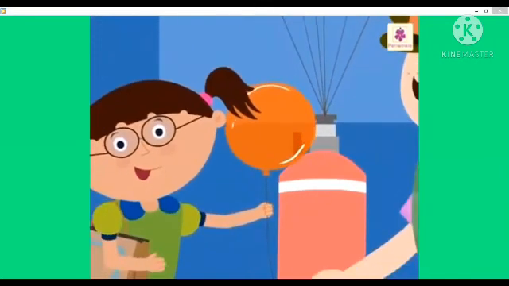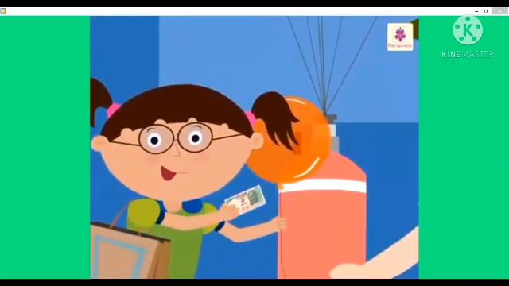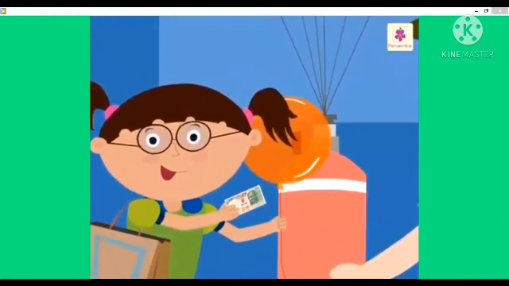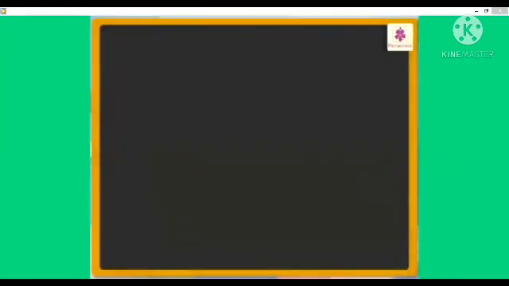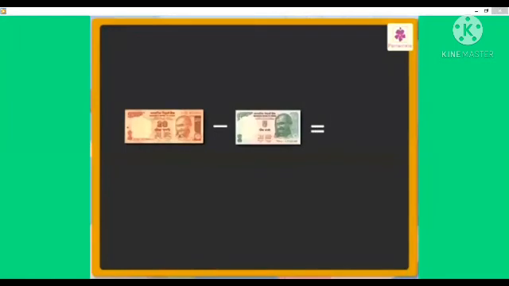He gives her 5 rupees back. So, what is the cost of the balloon? 20 minus 5 is equal to 15 rupees. The cost of the balloon is 15 rupees.